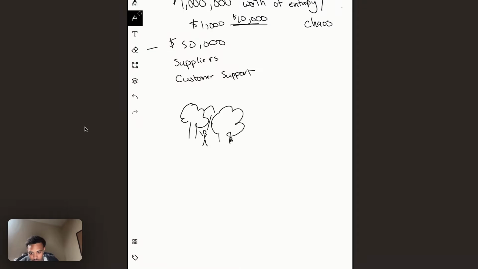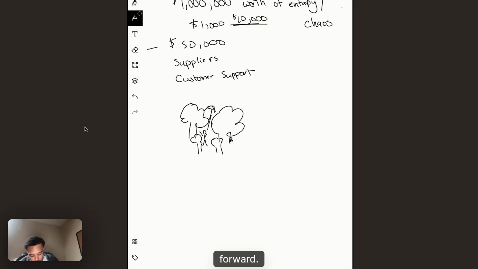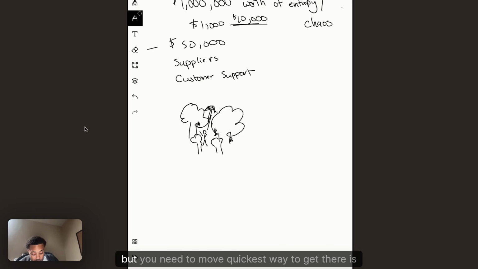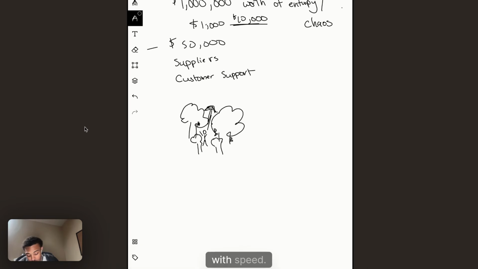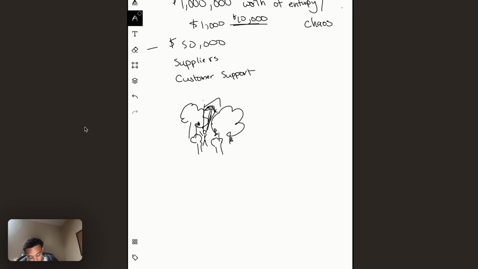You're already in there. There's trees in front of you, there's trees behind you. The only way to get out of the woods is by walking forward. Now, there might be obstacles all in front, but you need to move. The quickest way to get there is with speed. So run. And then you also need to know what direction you're actually going. But as long as you're moving, you'll get out. That's what you need to understand.